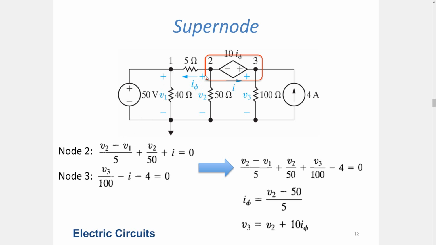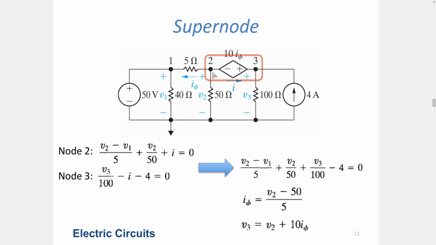This is the current, and since it's leaving this supernode, it's going to have a positive sign in front. We have another current, and since the voltage V2 is defined like this, it's obvious that the current direction is towards the reference point. So its current value is V2 over 50.